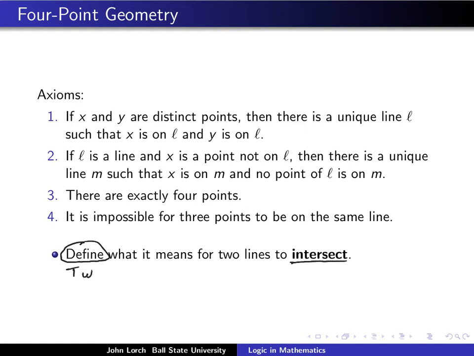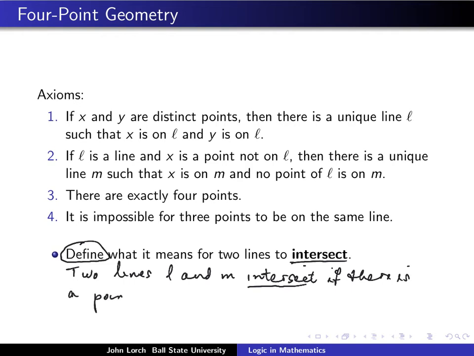If we have 2 lines, L and M, they intersect if there is a point X such that X is on L and X is on M. So maybe that looks a little something like the definition that you produced.